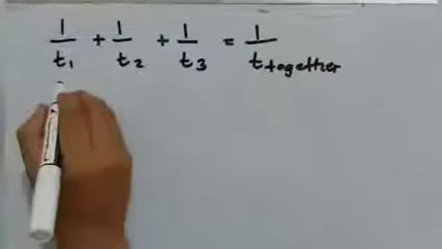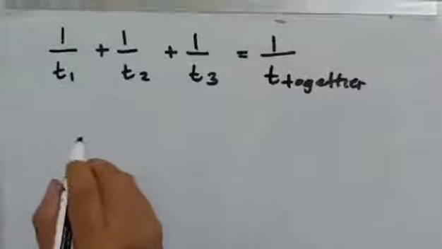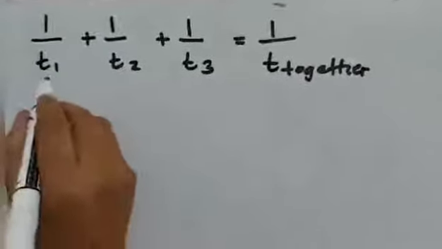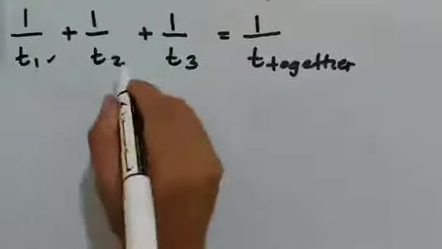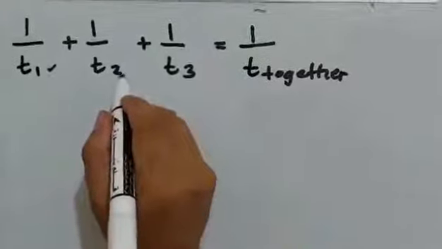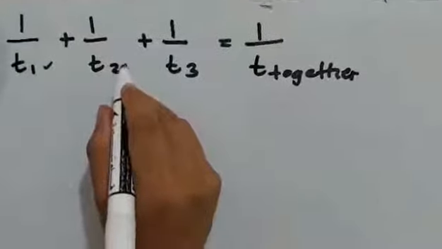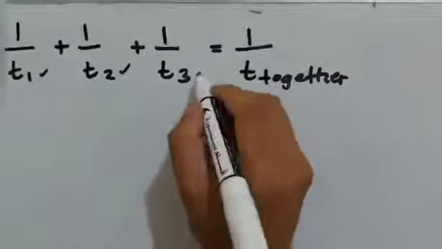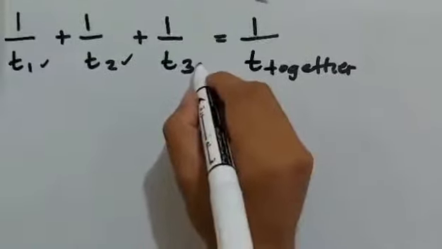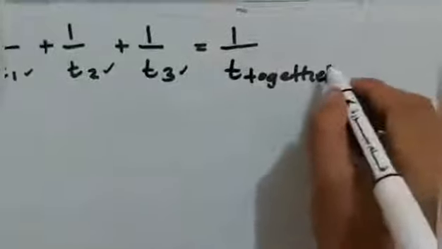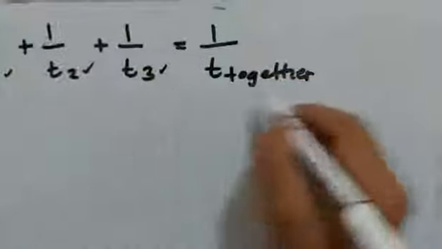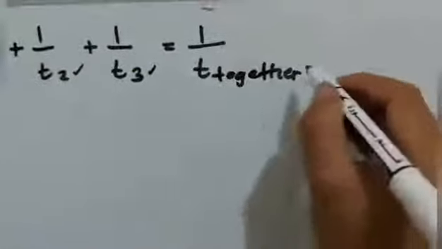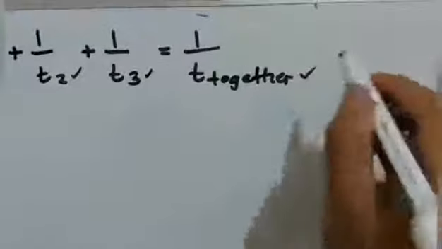T1 represents the time for the first person to finish the job alone. T2 represents the time for the second person alone to finish the job. T3 represents the time for the third person alone to finish the job. And T here is for all of them together. When they work together, this is the time that they can finish the job.